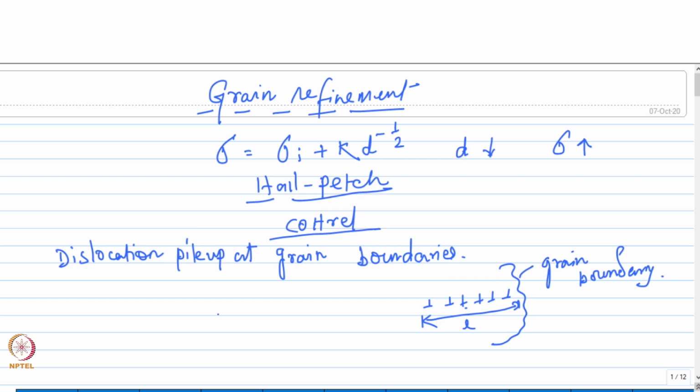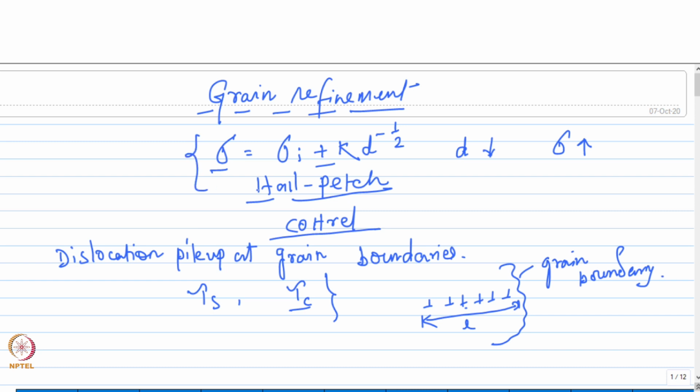From this, you can actually derive this Hall-Petch relationship based upon the stress which is developed at the tip of the pile-up. Okay, so that's what we did in the previous class. Based upon that stress tau s and a critical stress which is needed for the dislocations to move over to the next grain, tau c, we actually derived this Hall-Petch relationship.